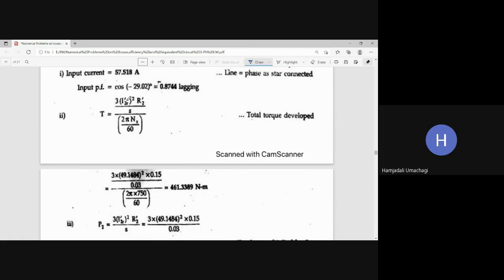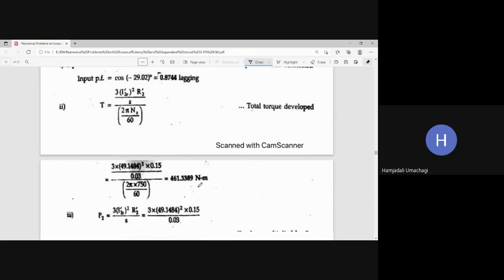We know I2', the rotor current referred to the stator side, is 49.1484, R2', the rotor resistance referred to the stator side, is 0.15, slip is 0.03 and synchronous speed Ns is 750. Substituting all the values, we get the torque value as 461.3389 Newton meter. So this is the second parameter.